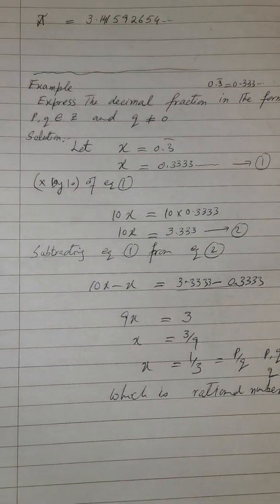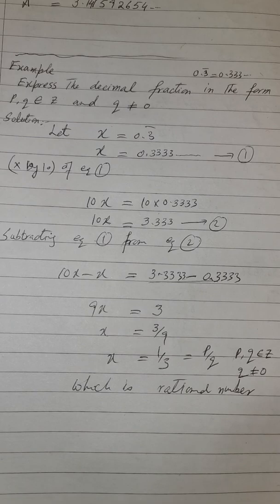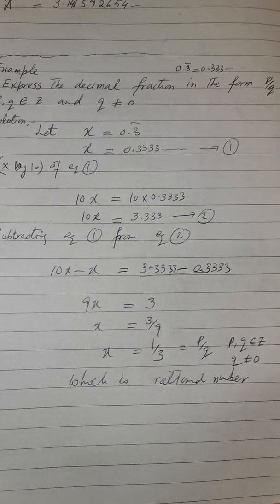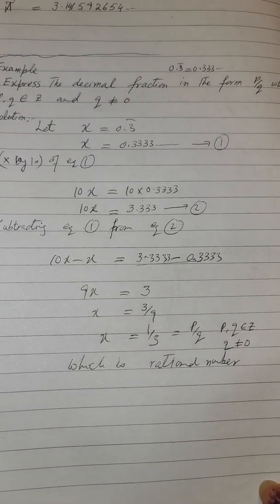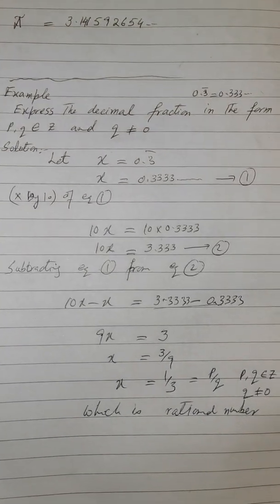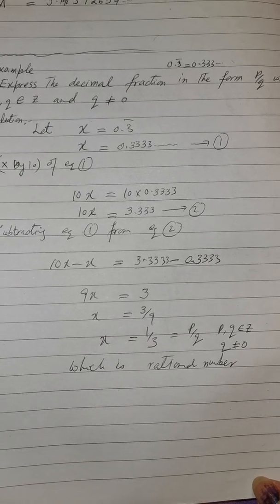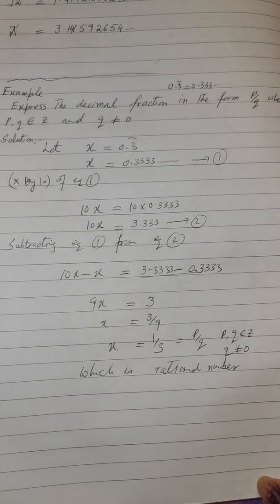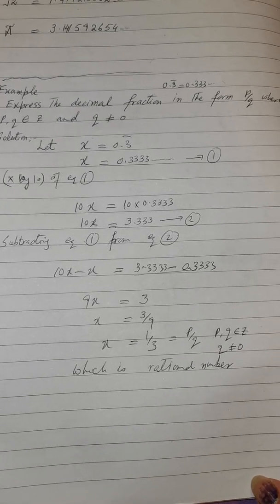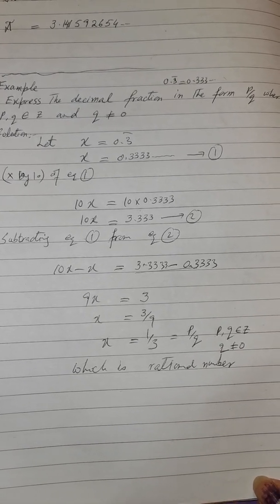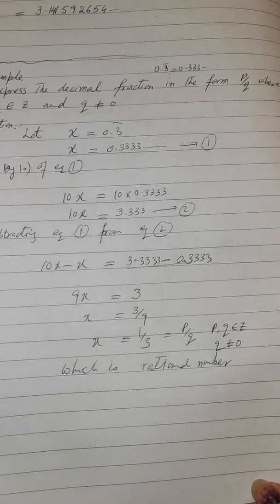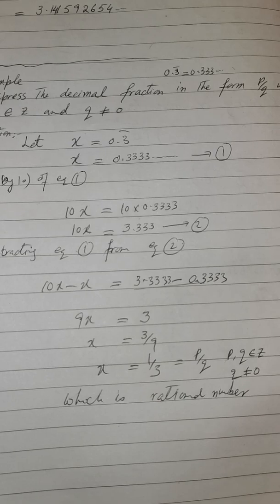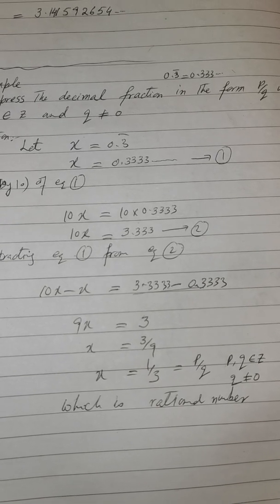So this decimal fraction can be written in the form p over q, where p and q belong to the set of integers and q is not equal to 0, and this is its solution. It's so simple, so interesting, and in this way you can write the decimal fraction in the form p over q, and you can show that this decimal fraction is a rational number.